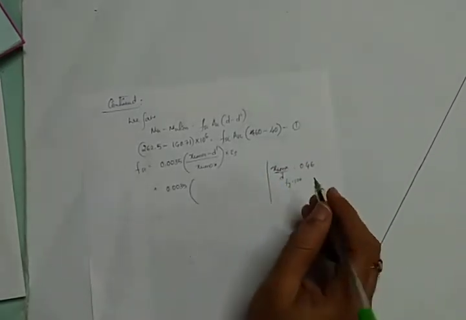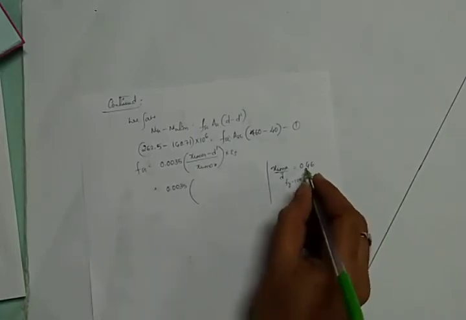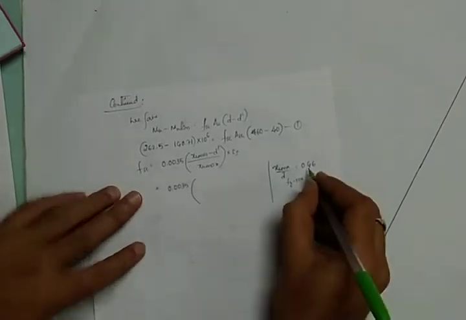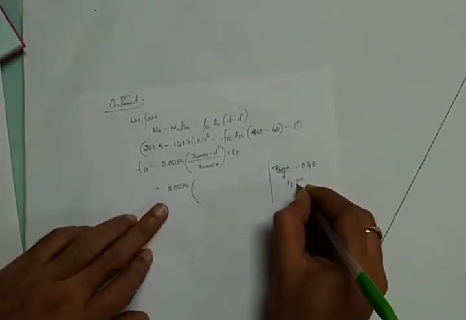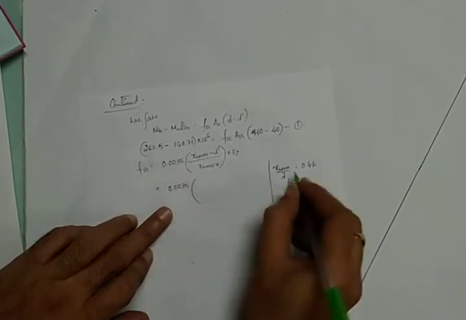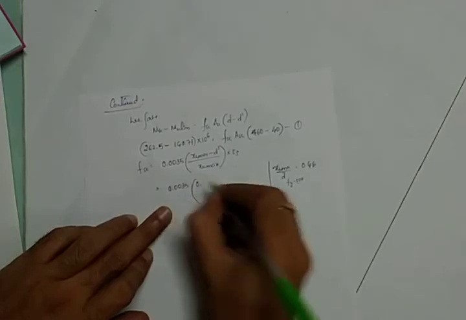If the grade of steel is 415, then it will be 0.48. If the grade of steel is 500, then it will be 0.46. In this problem, XU maximum by D is 0.46. Why? Because the grade of steel is 500. So you have to memorize the three values for different grades of steel.